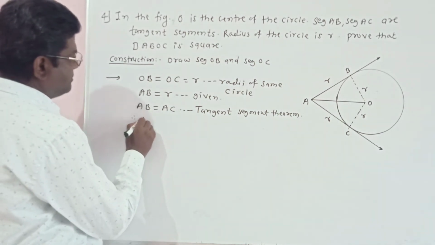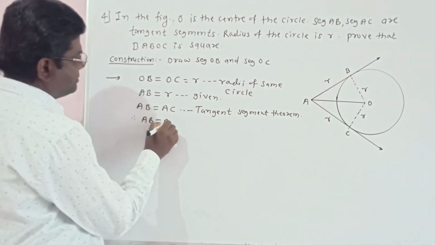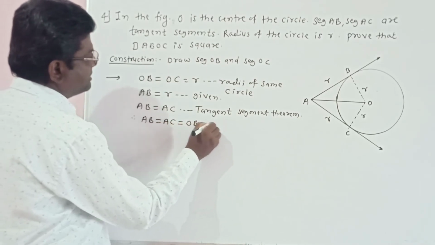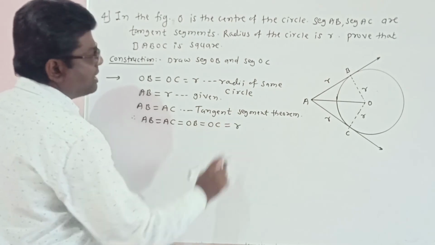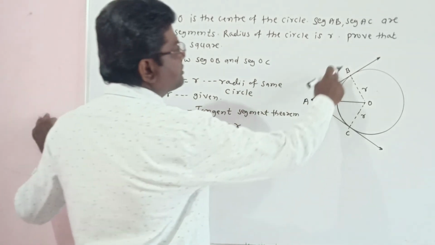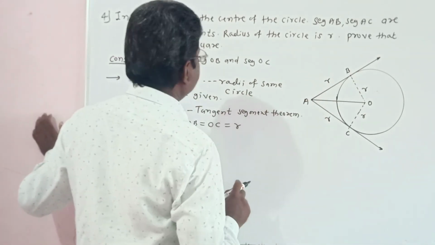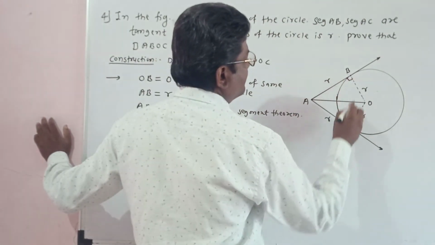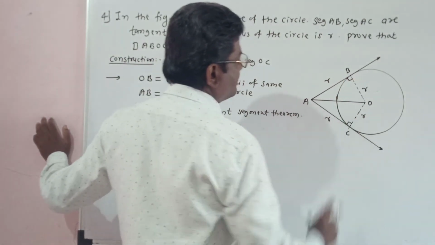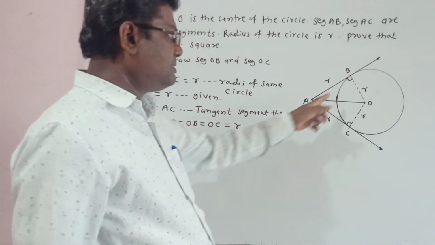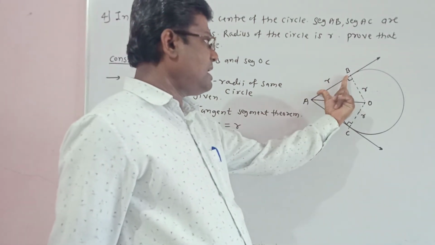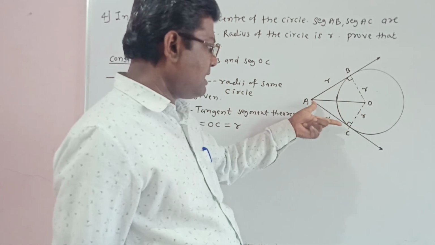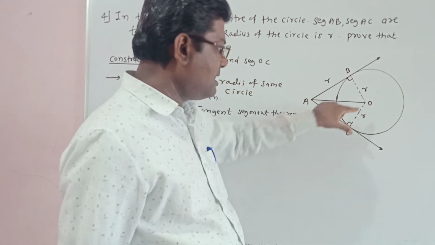Therefore, AB is equal to AC is equal to OB is equal to OC is equal to R. So all sides of this quadrilateral are equal. Now this angle is 90 degree and this angle is 90 degree. This angle is the angle between the tangent and radius. This angle is also the angle between tangent and radius.